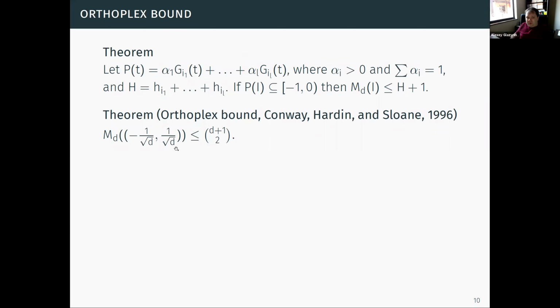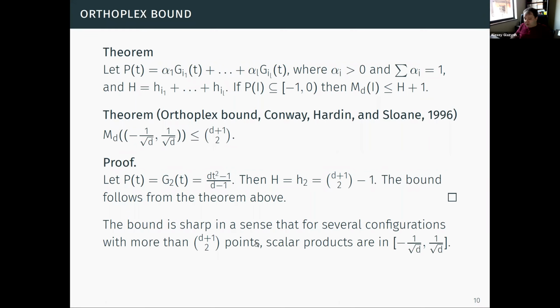So how can we do it? Well, just take the Gegenbauer polynomial of degree 2. So this is what we get. The dimension of the corresponding harmonic space is d plus 1 choose 2 minus 1. So just using this bound, we get precisely what we want.